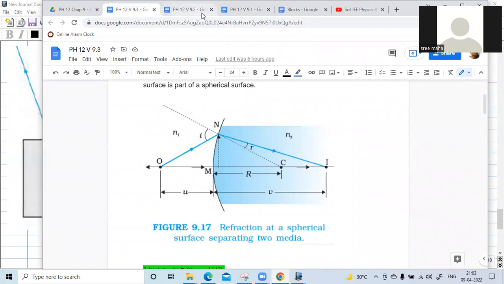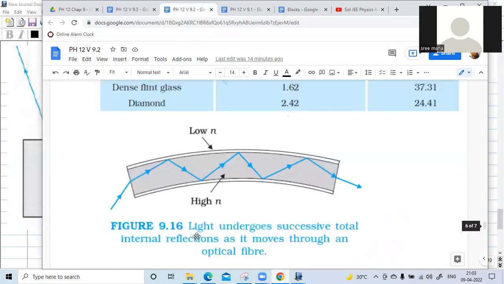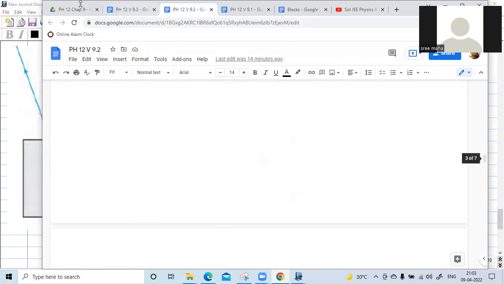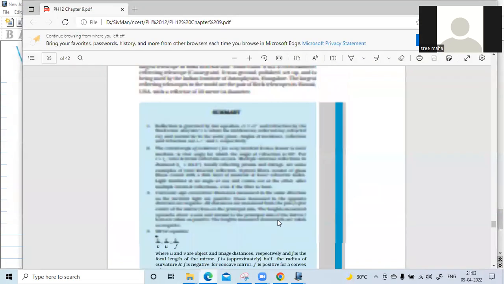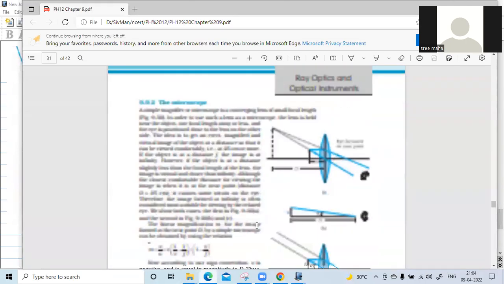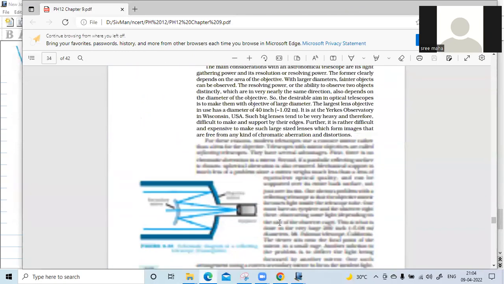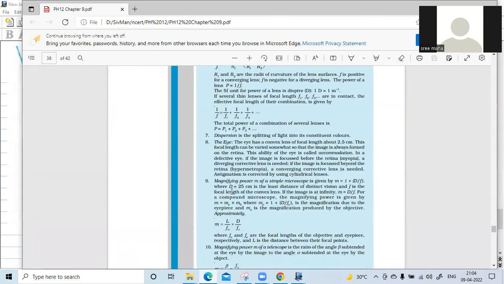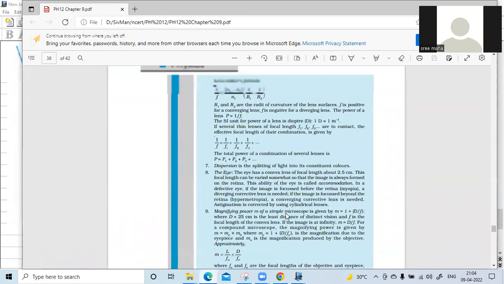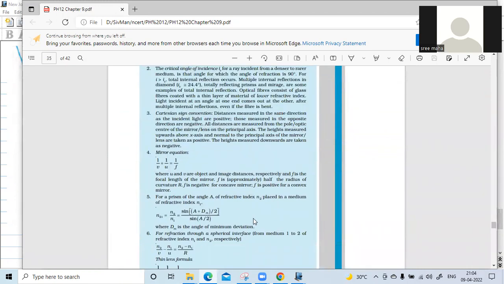Prism is there, sir, 20 questions are also related to prism. The refraction at spherical surface and lens in contact, those topics. Just now we came to the rectangular slab. After that will be prism. After that will be lens.